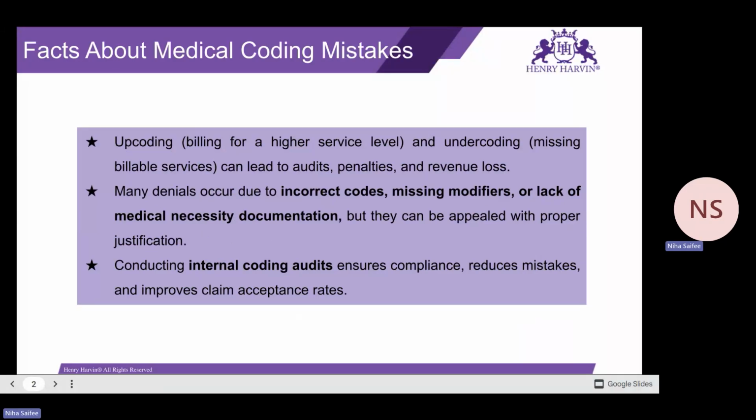Another reason is lack of medical necessity documentation. Certain test is written, or certain investigation is written, but why is that investigation required? There are no signs and symptoms, no clinical history which suggests that this investigation has to be done.